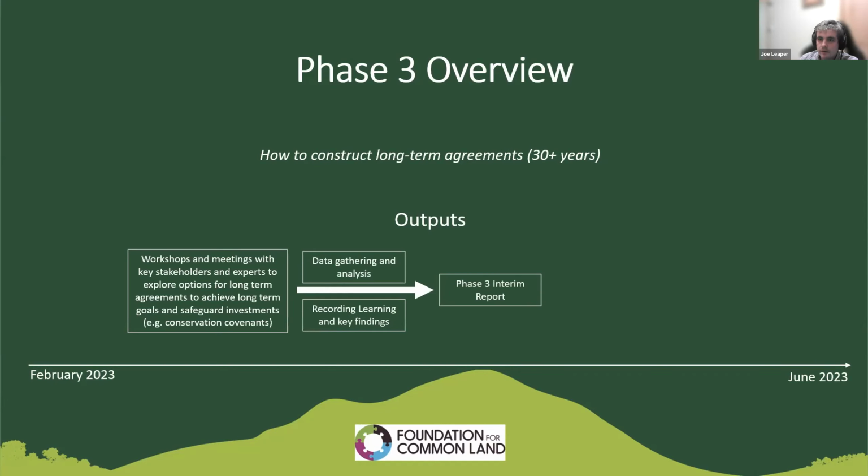And from those, similar to the other phases, we're going to take the data, analyze what we've learned from our conversations, key learning points, key findings, and feed this into another report for Defra, which will be our phase 3 interim report.